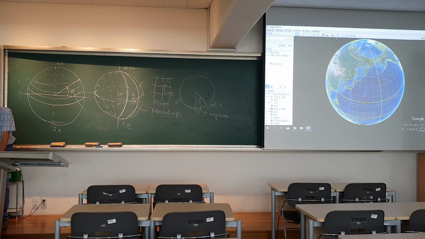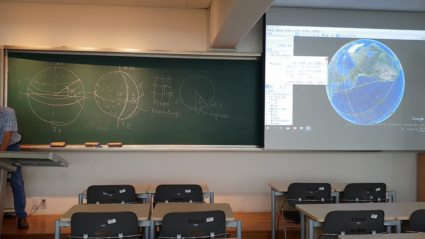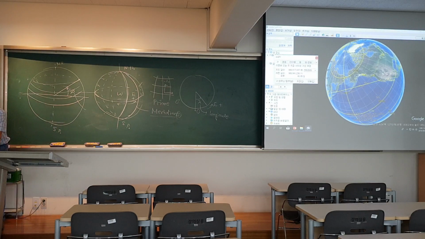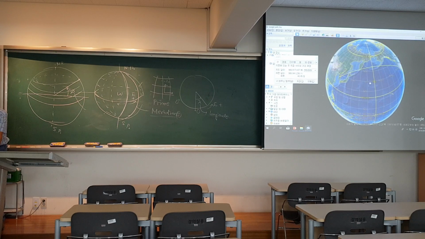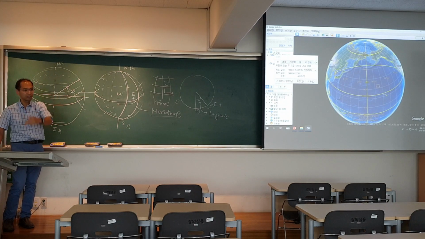So let's measure distance. Here. Because this is a distance measure, it's always a straight line, I mean the shortest path. And if we kind of look in this angle, it looks like it's curving upward and coming down.